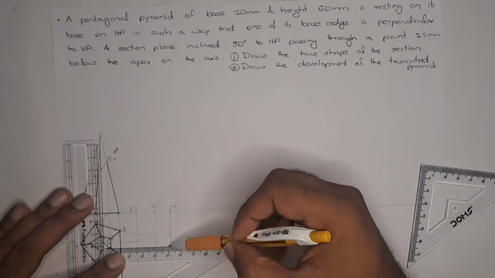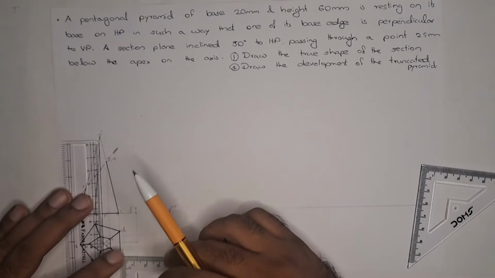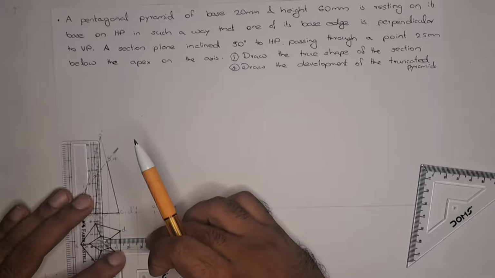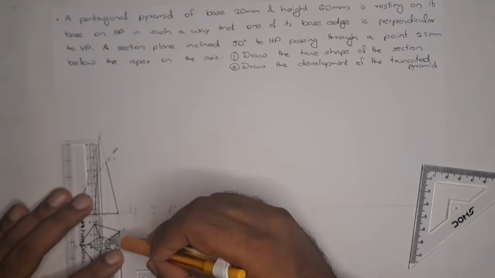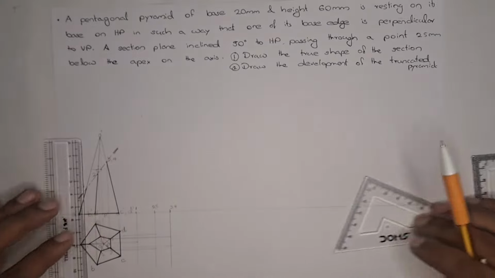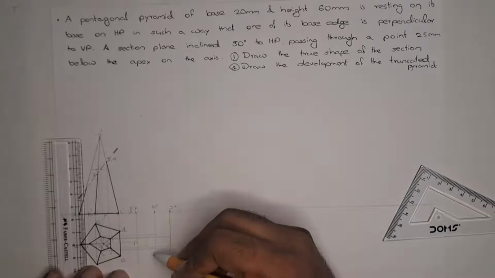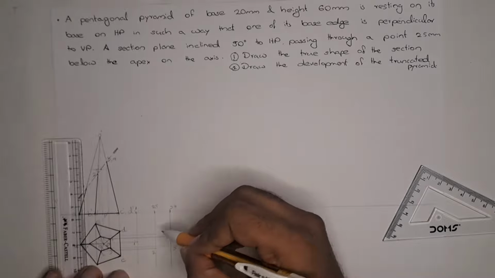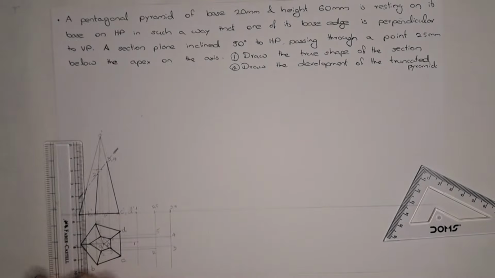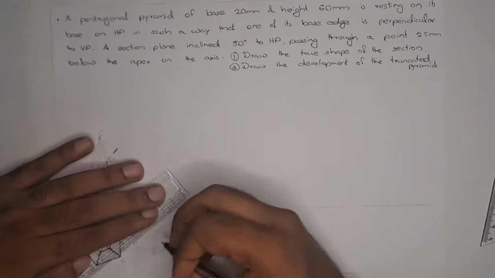Now 3 and 4. This is 4, 3 and 4. So we get the points here. So this is 1, 2, 3, 4, 5. You can mark the outer.